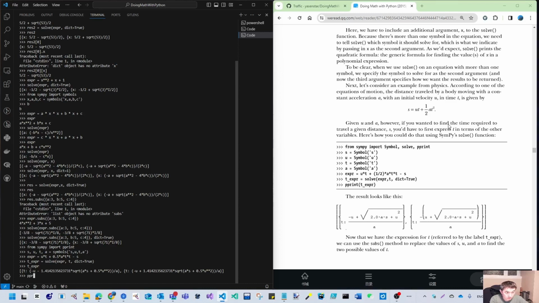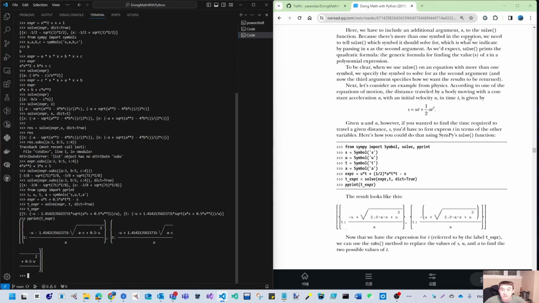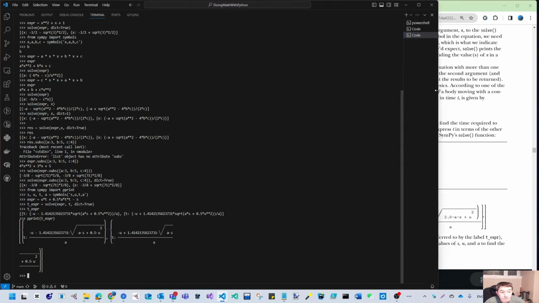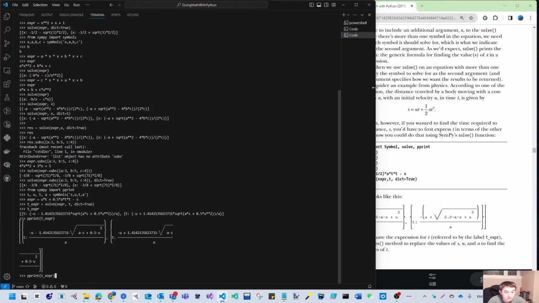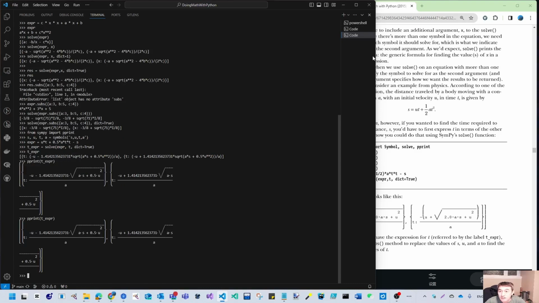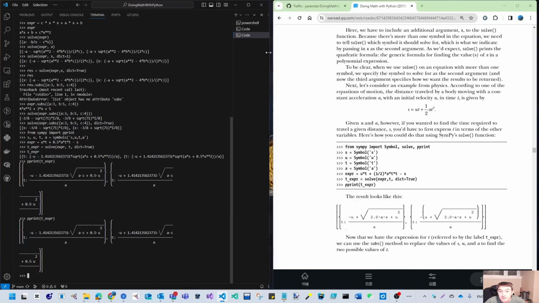Now we use pprint on t. Yeah, now you can see, if I put this longer, do this again. Oh, so they have the same enter.